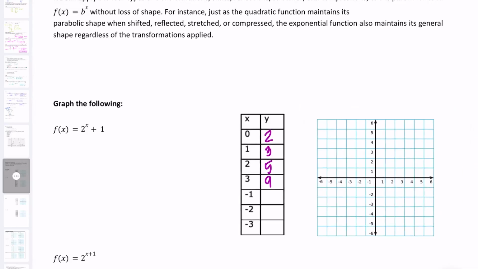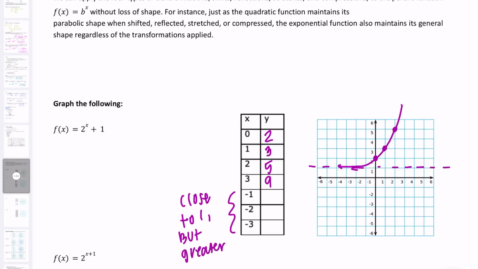So at 0, 2 is my first point, then 3, 2, 5, and the next one's not really quite graphable. And you'll notice that I'm going to start approaching my horizontal asymptote of 1. All of these numbers will end up being close to 1, but greater than 1.